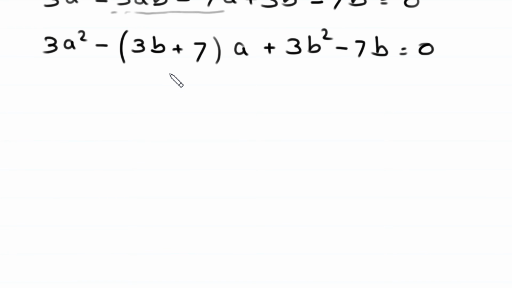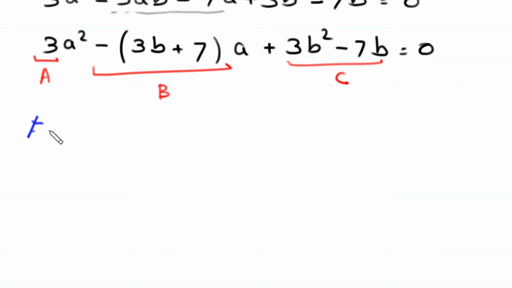Now this is a quadratic equation in a. Here we have this 3 as A and this 3b plus 7 as B, and this 3b squared minus 7b as C.